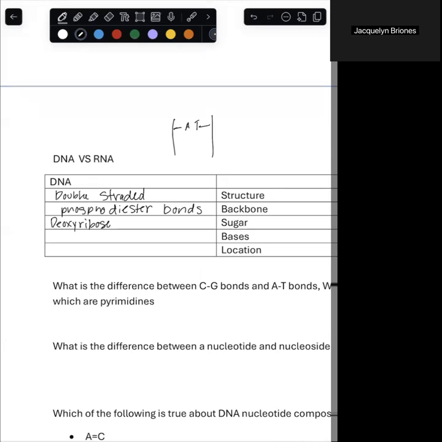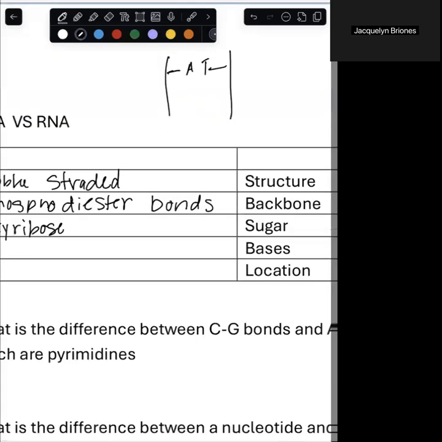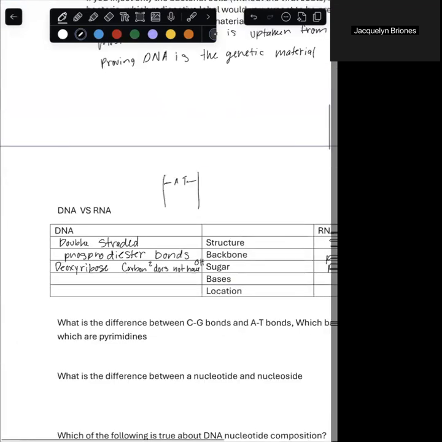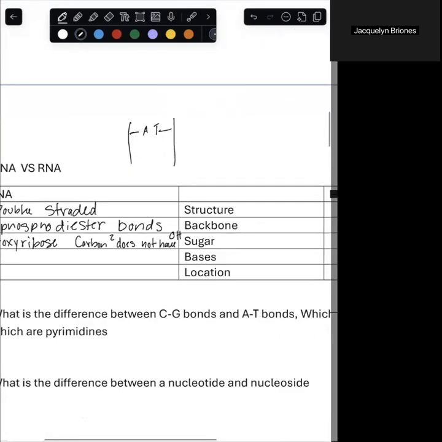The differentiation is carbon 2 on the sugar ring. Go back on the slides and you'll see what I'm talking about.